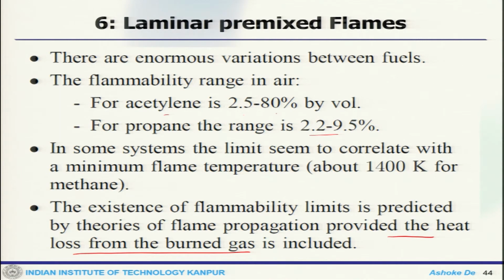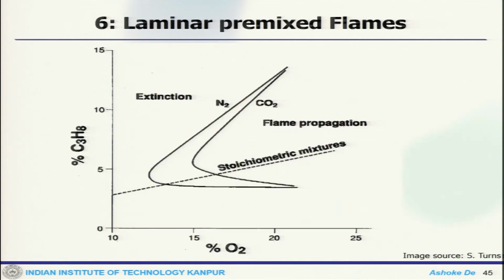Okay. Now, similarly, one can look at this. This is propane, and there is a representative curve for propane with the percentage of oxygen, as the reaction goes on and what happens to that mixture.